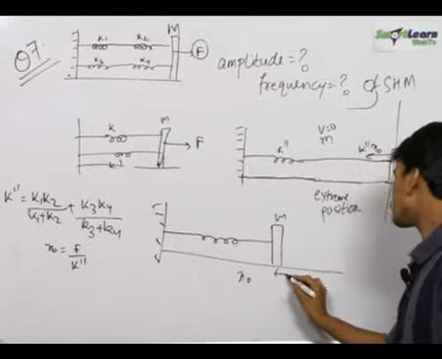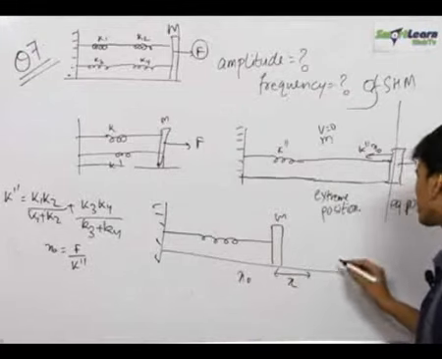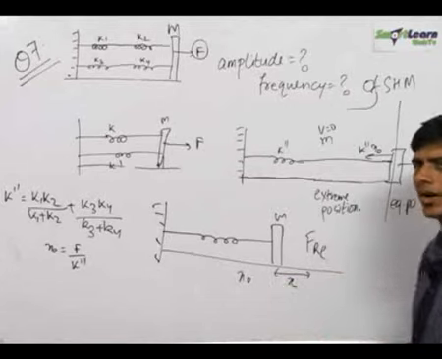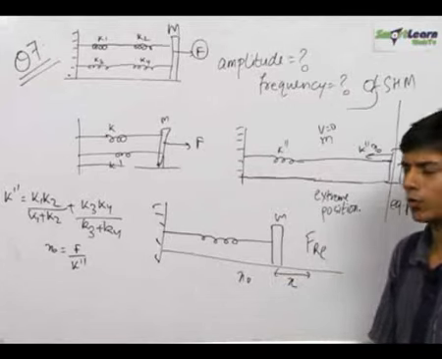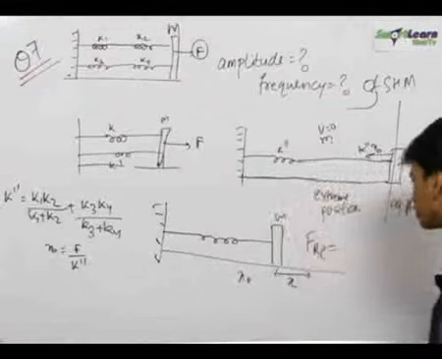We displace this object from the equilibrium position by a displacement x. Now the net restoring force we need to find out. We always displace the object from the equilibrium position by distance x, and then we find out the restoring force. The restoring force is the net force bringing the object back towards the equilibrium position.